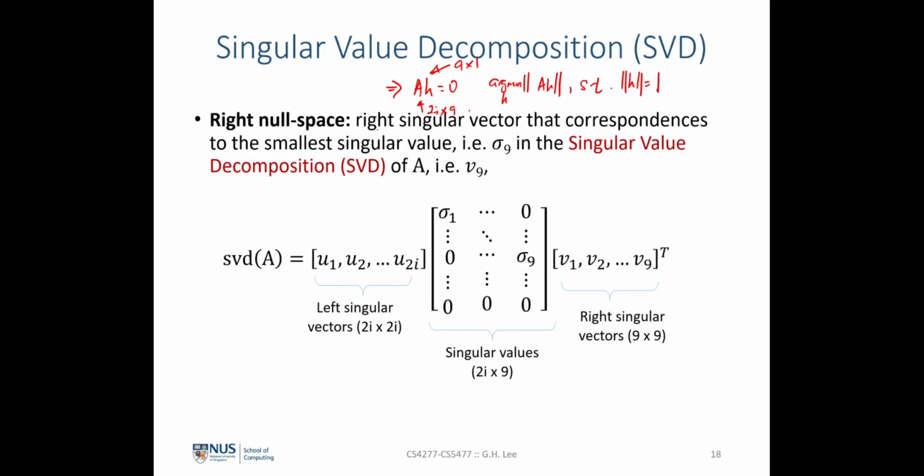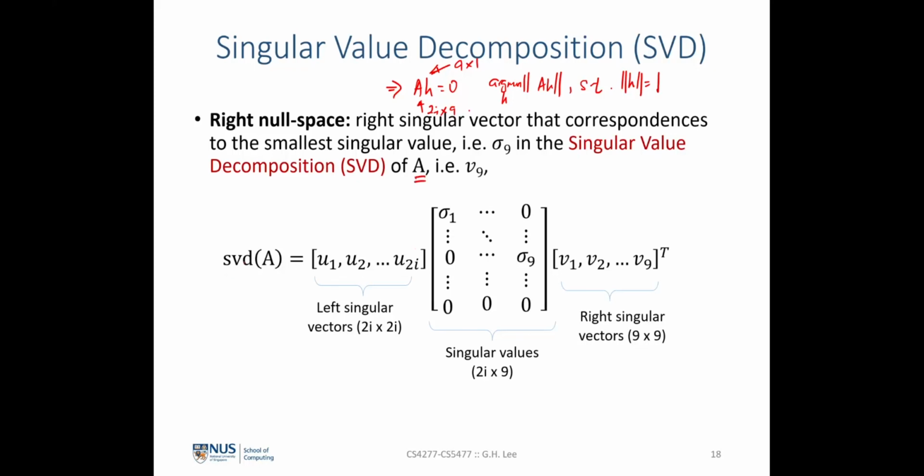And we can make use of the singular value decomposition to compute the solution of H that minimizes this. This is given by the right singular vector that corresponds to the smallest singular value in the singular value decomposition of the 2i by 9 matrix A.